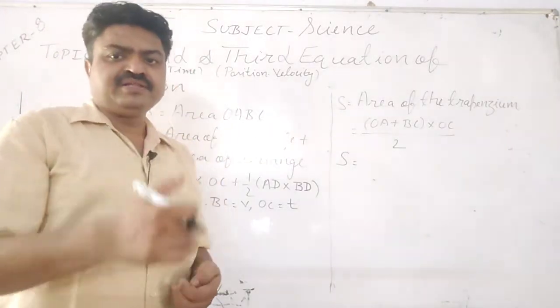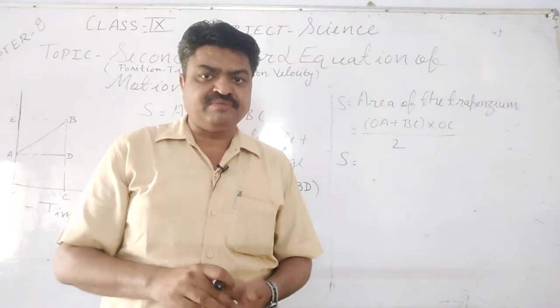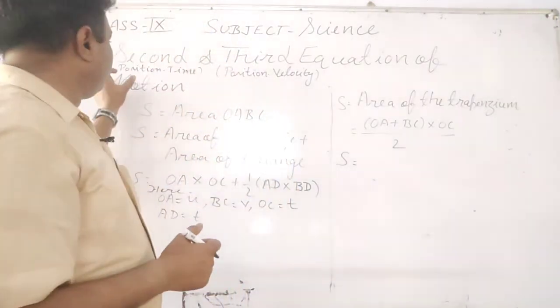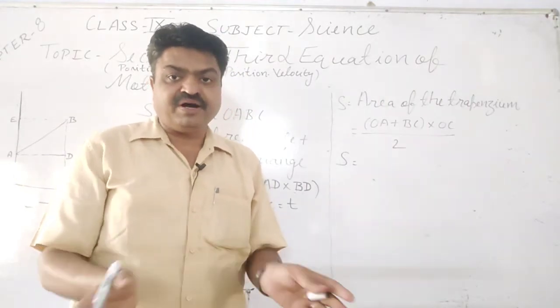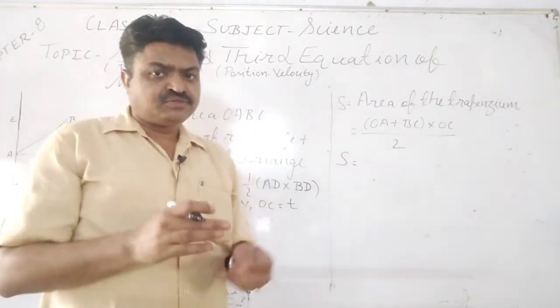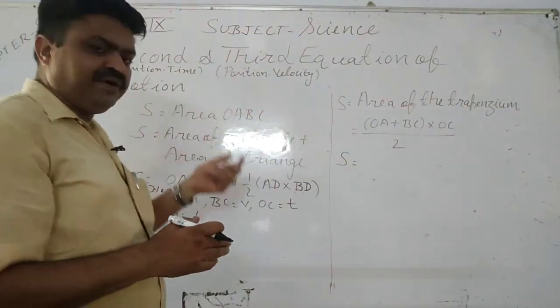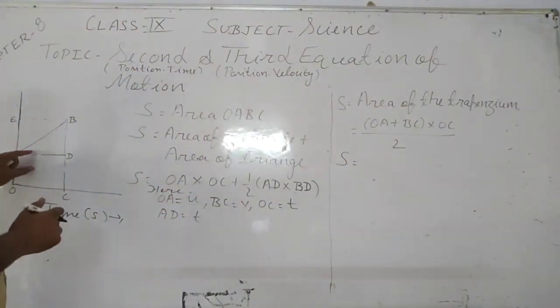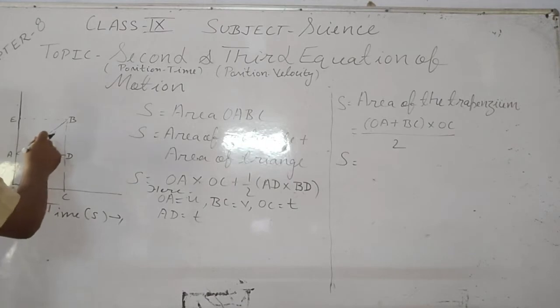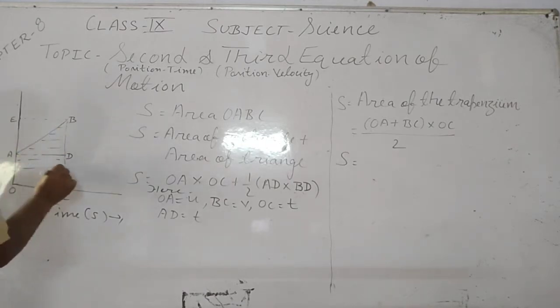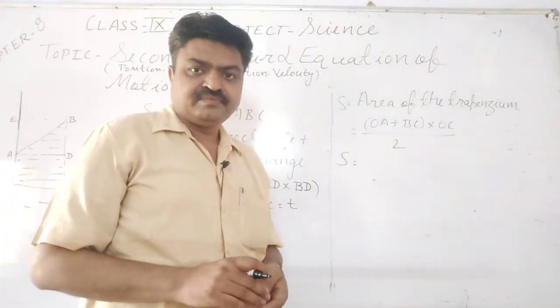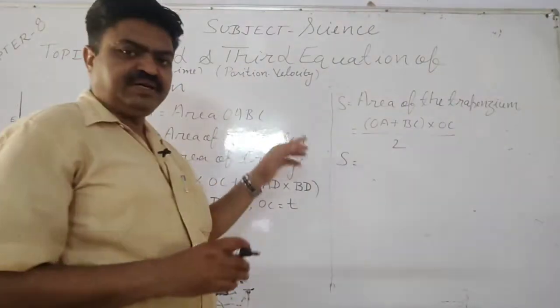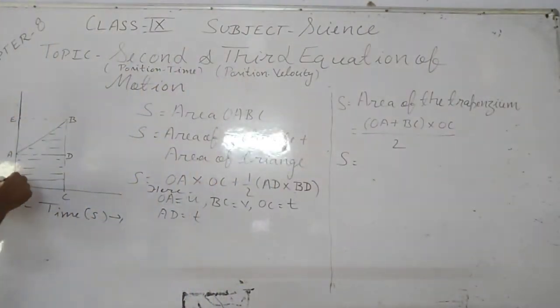Now for getting the second equation of motion, that is related to the position time relation, we will take the formula of trapezium. The distance that will be covered by the object will be the area of OABC.